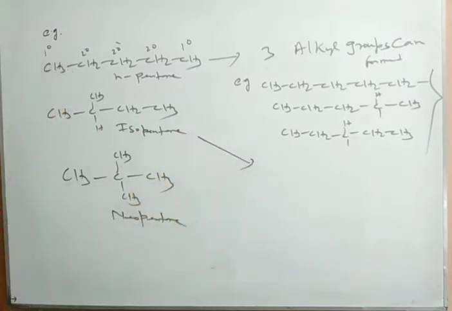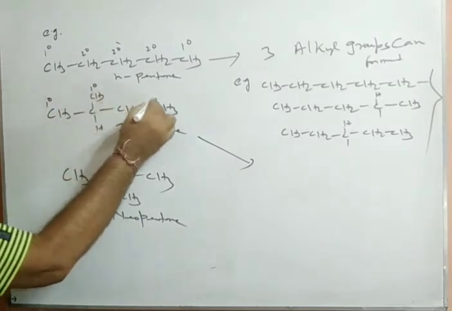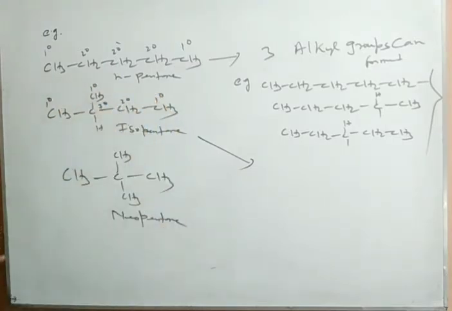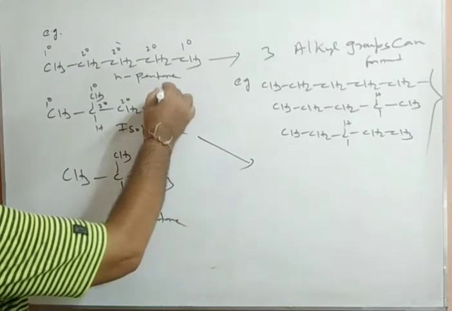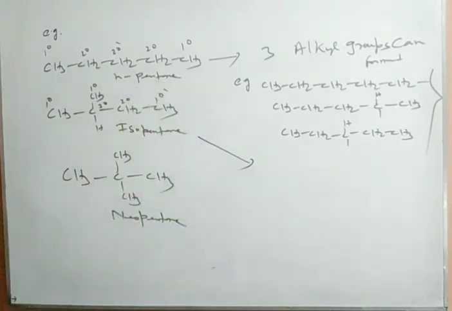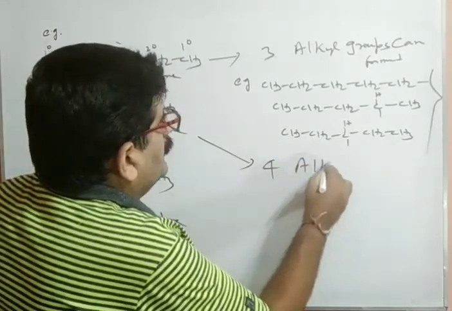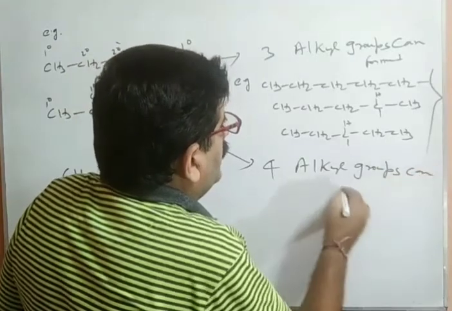Similarly, here how many alkyl groups can we form? This is 1 degree, 1 degree, 1 degree, 2 degree, 3 degree. All 1 degree hydrogen atoms are not equivalent in all respects. So we can write here 1 degree dash. So 4 alkyl groups can form.